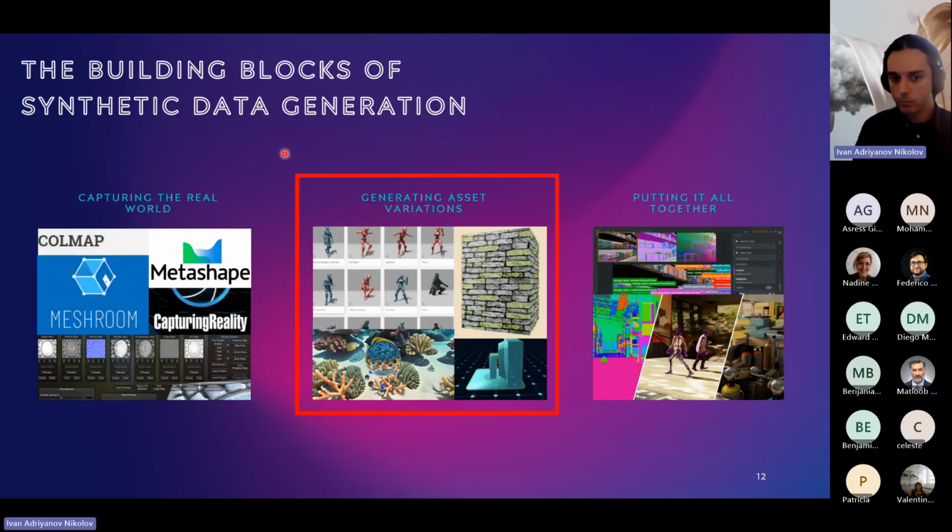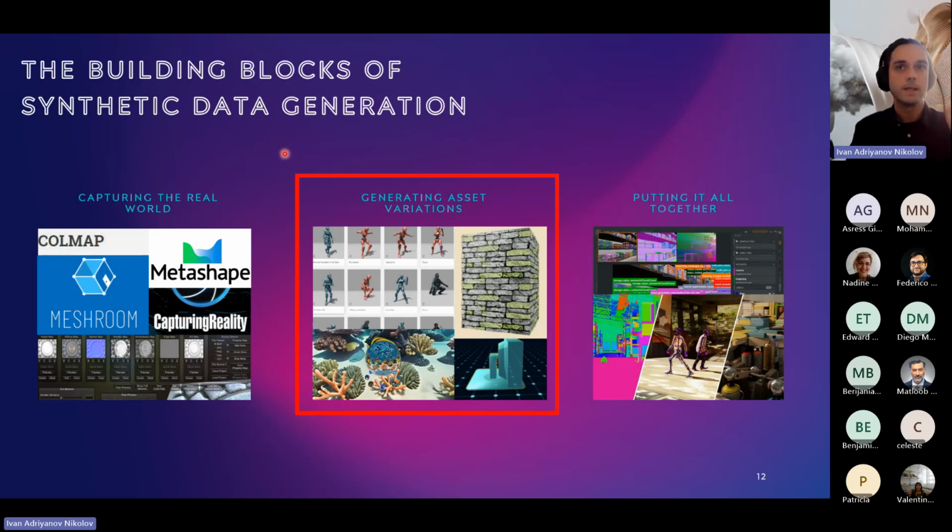And with that, I'm going to the next part, and that is generating asset variations. Because up to this point, we've been talking about how to get something from the real world and digitize it and put it in our scene for our synthetic data. But maybe we want to add some assets together with it.